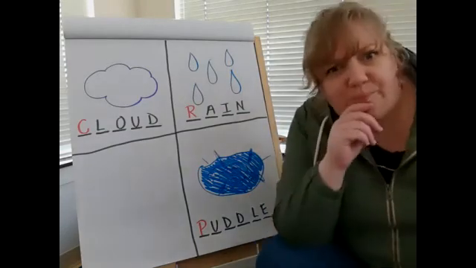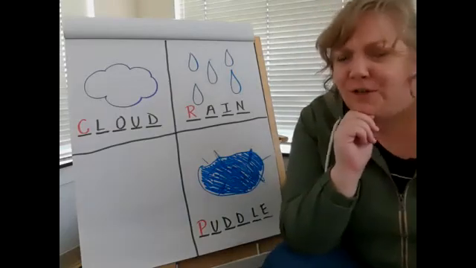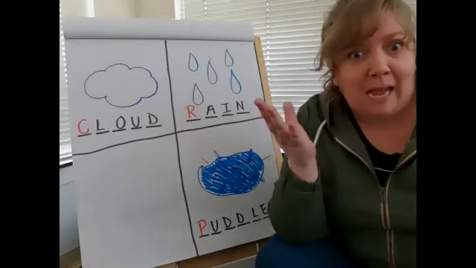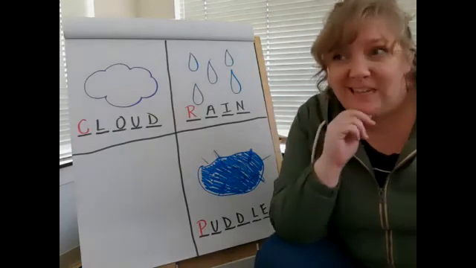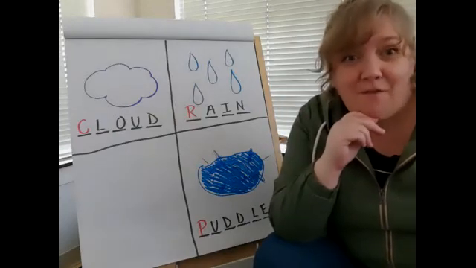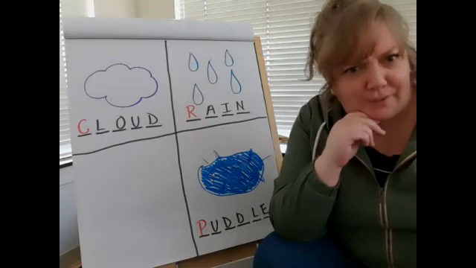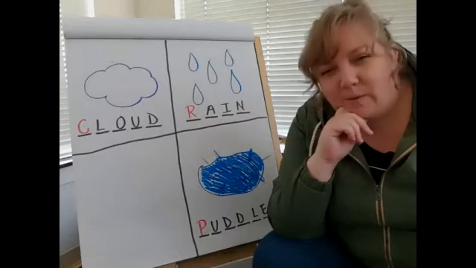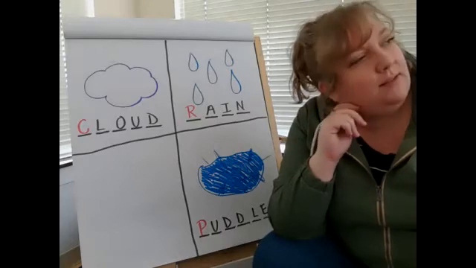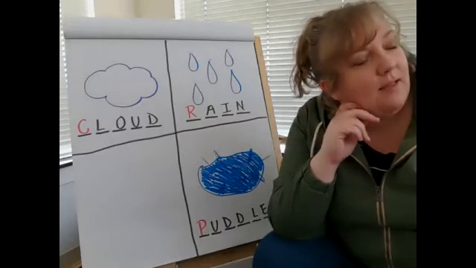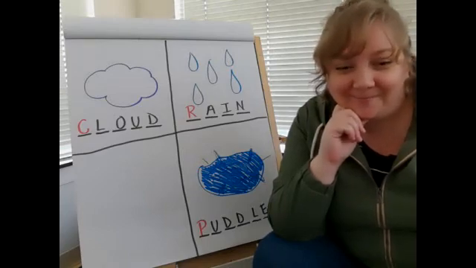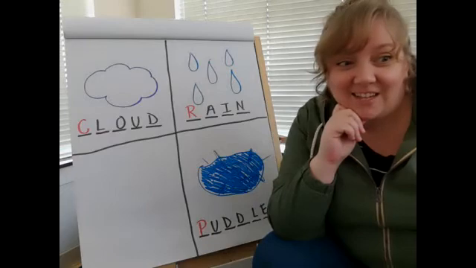And now I wonder how the puddles dry up, because puddles don't stay forever on the ground, do they? I wonder what's something that is in the sky that helps a puddle disappear. Can you think of anything?